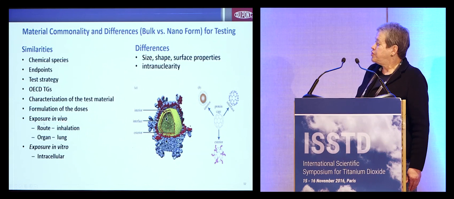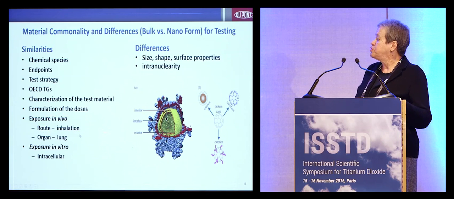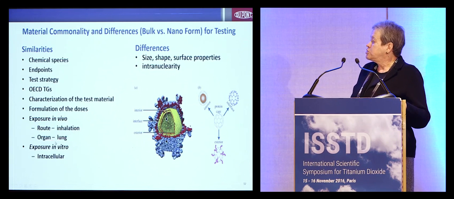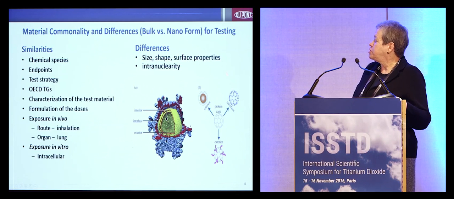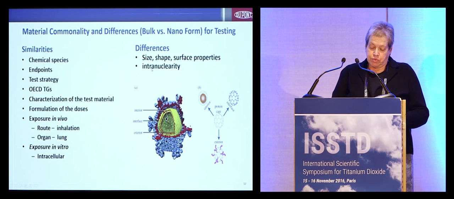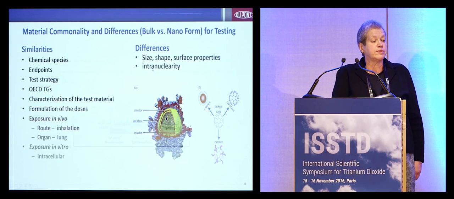For the exposures in vivo, the route, inhalation, is the most common, of course, for TiO2. The organ is the lung. Exposure in vitro would be intracellular. Here we're coming again to this intranuclearity and the question of the shape and the surface properties. What impact do they have on the results we get?